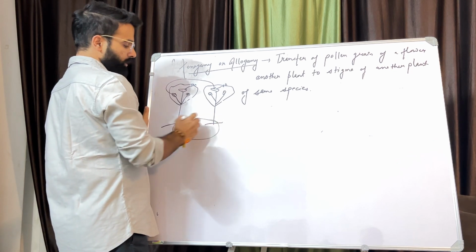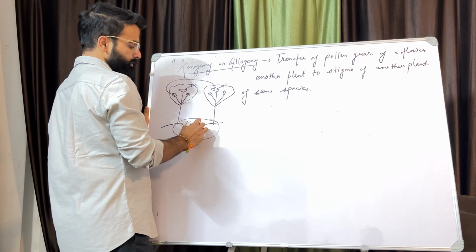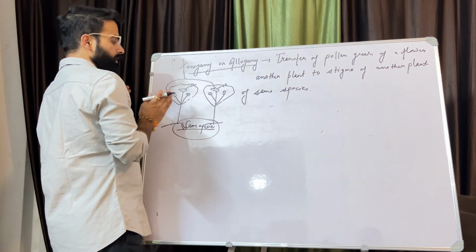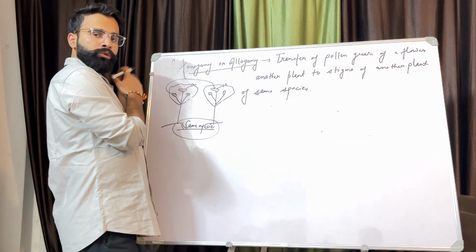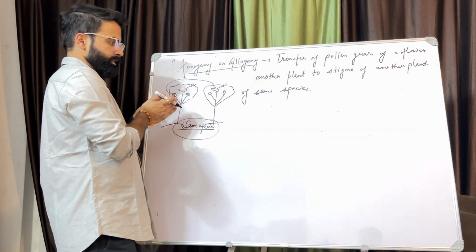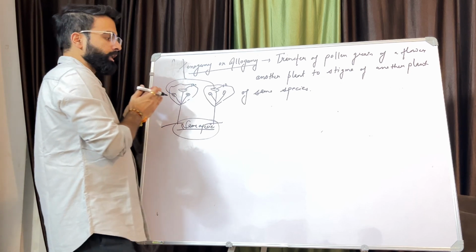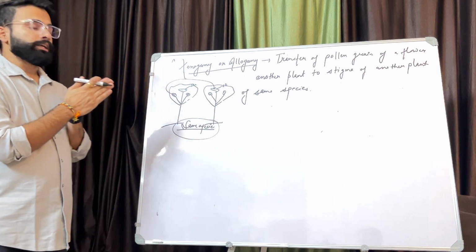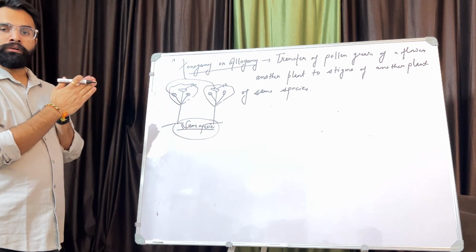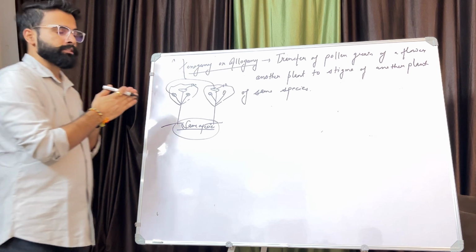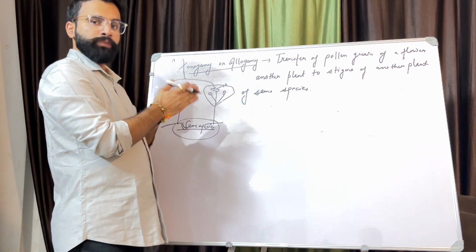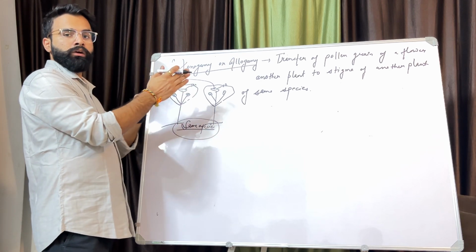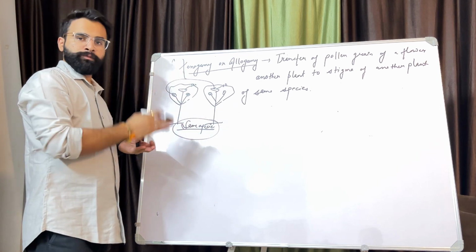These both plants are of same species, which means pollen grain transfers from one plant to another plant of same species. So cross pollination depends upon various types of agencies or agents which transfer pollen grain from one flower to another flower of different plant of same species.